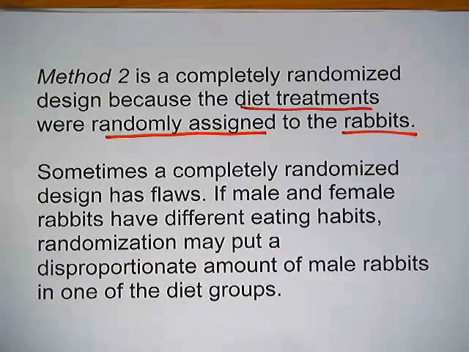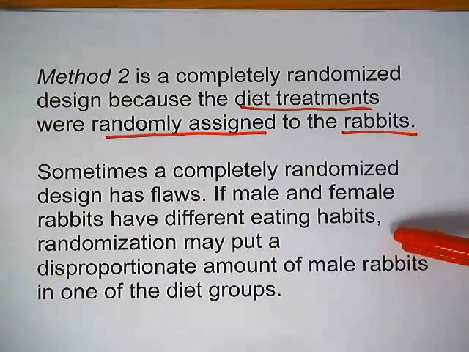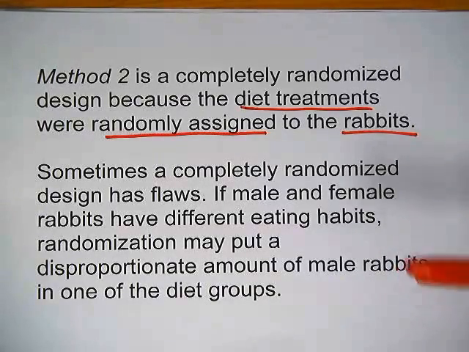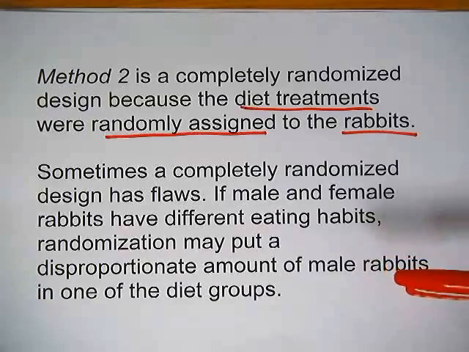Say if male and female rabbits had different eating habits, randomization may put a disproportionate amount of male rabbits in one of the diet groups. So although a completely randomized design usually provides good experimental groups and good randomization, it's not perfect. This is one example where we would get some flaws in our completely randomized design.